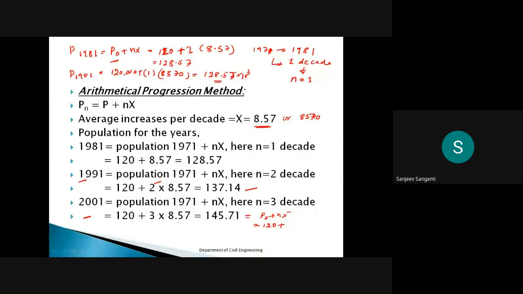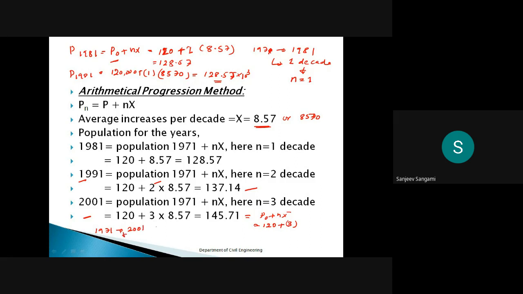Always you have to consider the last known population itself. So n from 1971 to 2001 is equal to 3. Why n equal to 3? It is from the population from 1971 to 2001. We have 30 years, that is 3 decades.